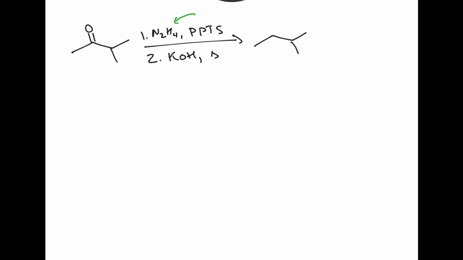N2H4 is just the other way to write hydrazine, right? It's the only way you can put together two nitrogens and four hydrogens, basically, so we can just cheat and use the chemical formula. It doesn't matter if it's an aldehyde, it will go away.